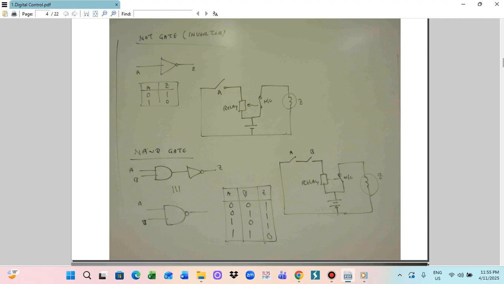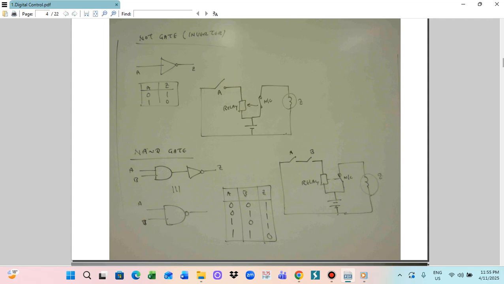But for the NAND gate, A0, B0, Z must be 1. For the AND gate, A0, B1, Z0. But for the NAND gate, A0, B1, Z is also 1. The only difference is that for the AND gate, A1, B1, Z1. For the NAND gate, A1, B1, Z will be 0. So this is a totally opposite function.